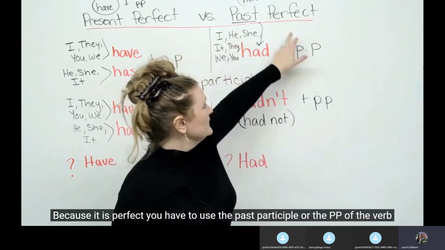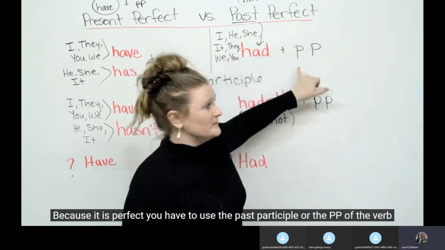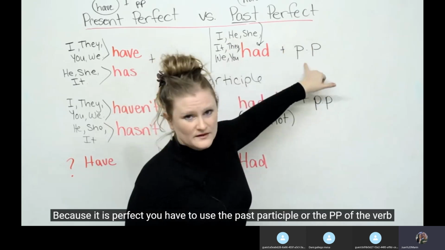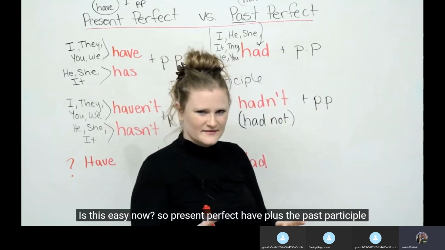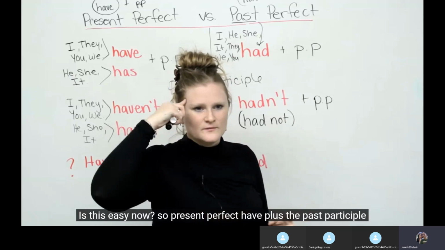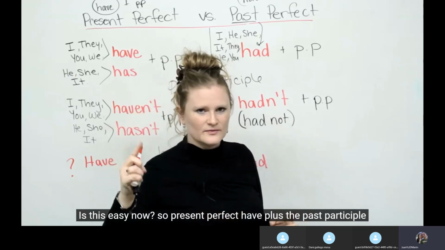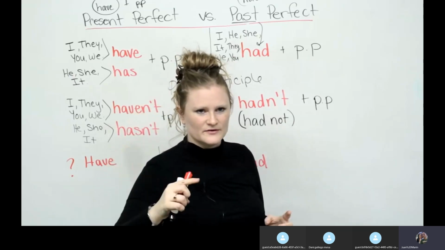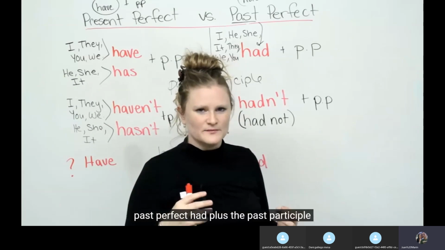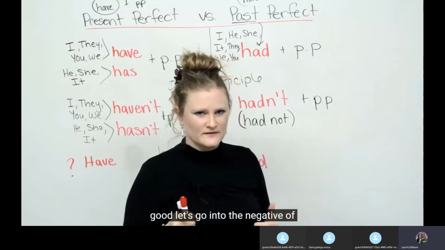Okay? And again, because it is perfect, you have to use the past participle or the PP of the verb. Is this easy now? So, present perfect have plus the past participle, past perfect had plus the past participle.